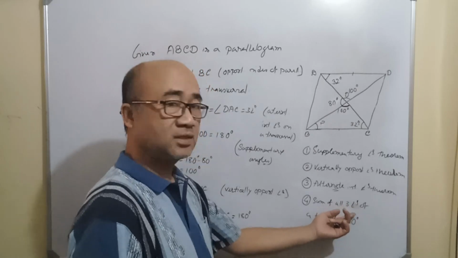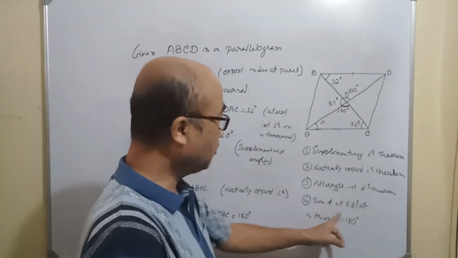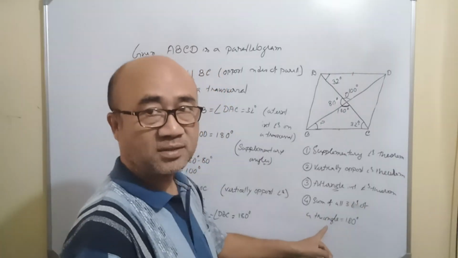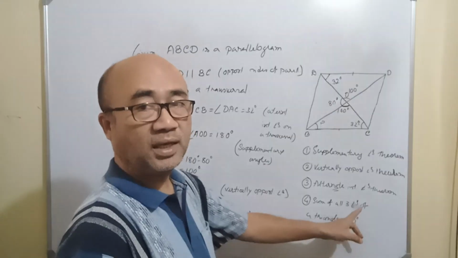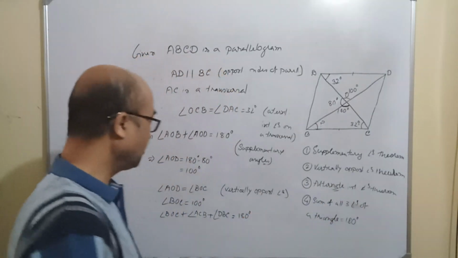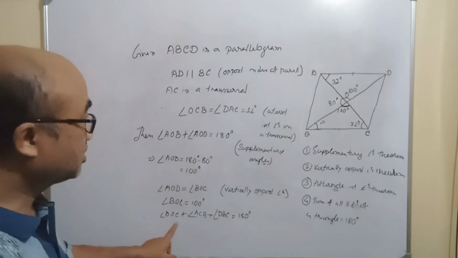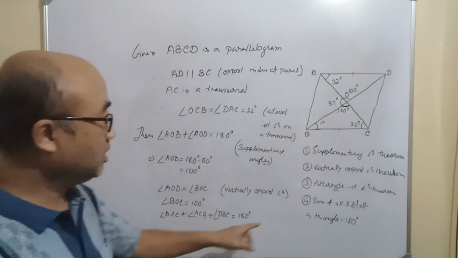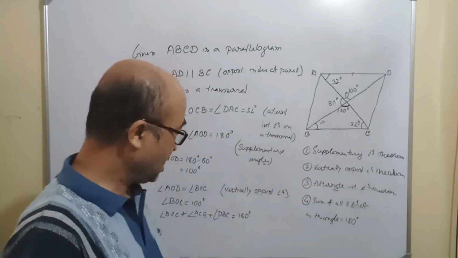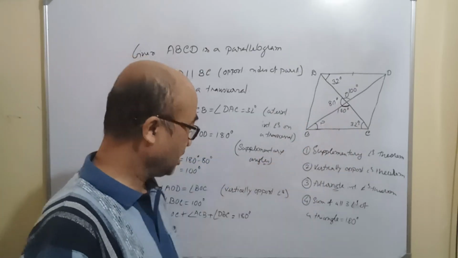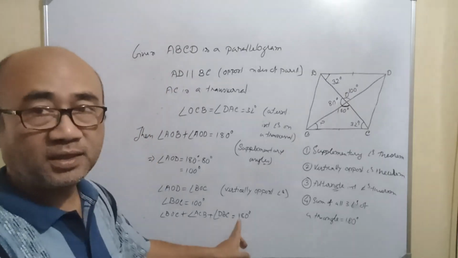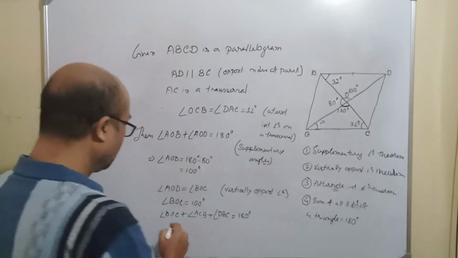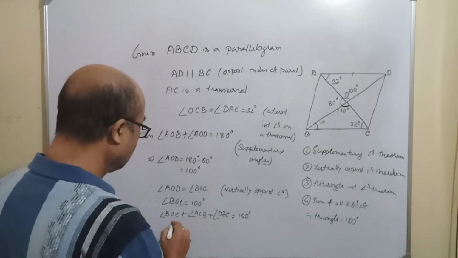So we recall this theorem that the sum of all three angles of a triangle is always 180 degrees. Hence, the sum of BOC, this angle, ACB, this angle, and DBC, the third angle, is 180 degrees. But we already have the sum of BOC and ACB.